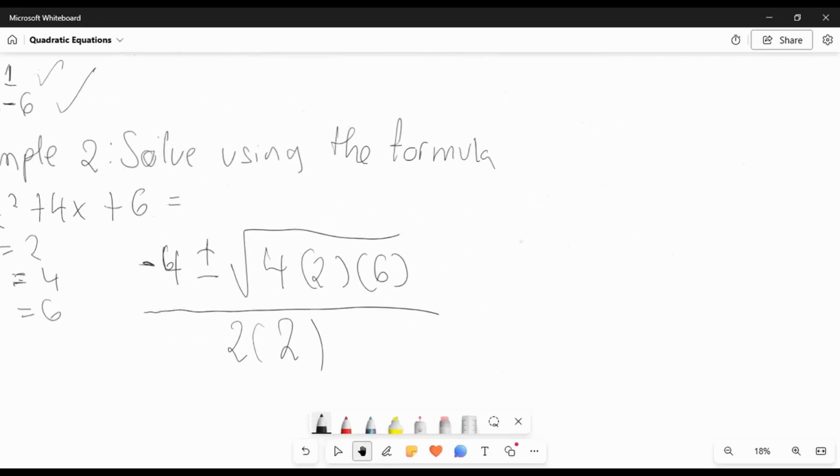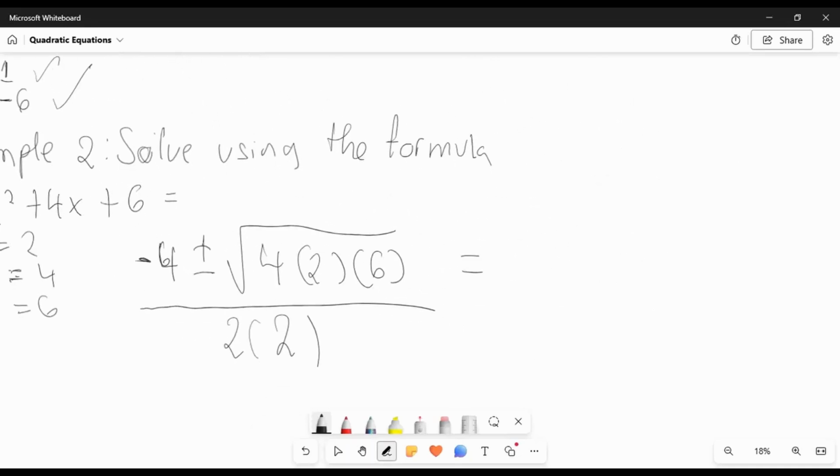Now, let's substitute our values. Let's open the brackets, I mean. So, negative 4 plus minus, 2 times 6 is 12, and 12 times 4 is 48.